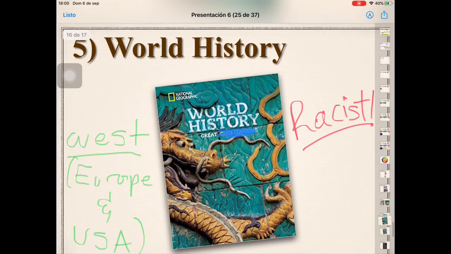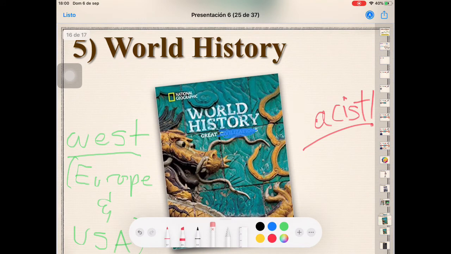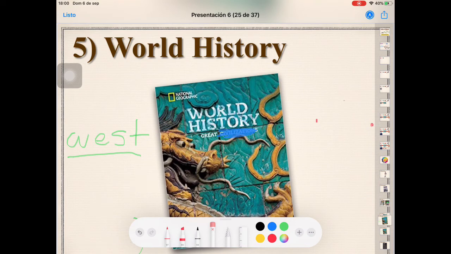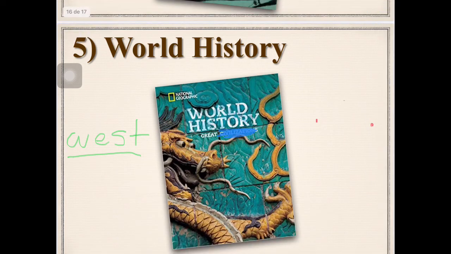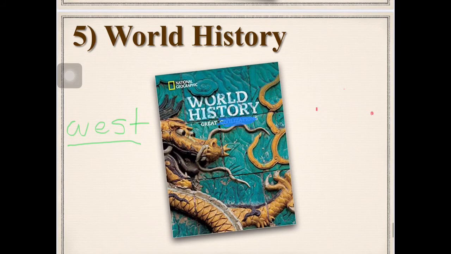And world history is basically, and you should write it, a presentation of the history of several places of the world as seen by the West. The West, in Spanish, remember, Occidente, and Occidente is basically Europe and the United States, right? We are Western societies too, but of course they don't see us as such.